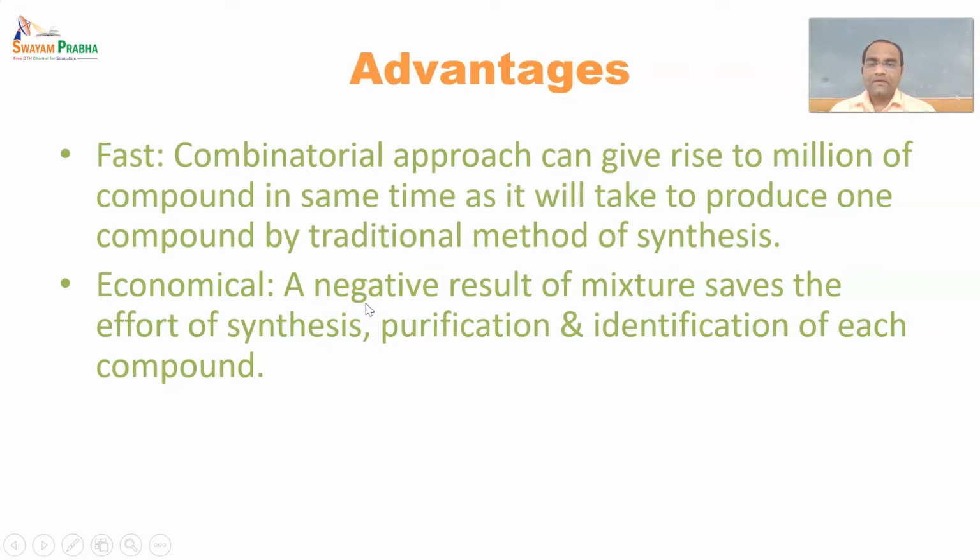If it gives a negative result, then there is no need for purification and identification of that compound, because once that vessel is negative, the chemist goes on to the next vessel or next compounds prepared by combinatorial chemistry, and finds an assay. The assay which gives a positive result, only that one is purified, or those compounds are purified and identified.